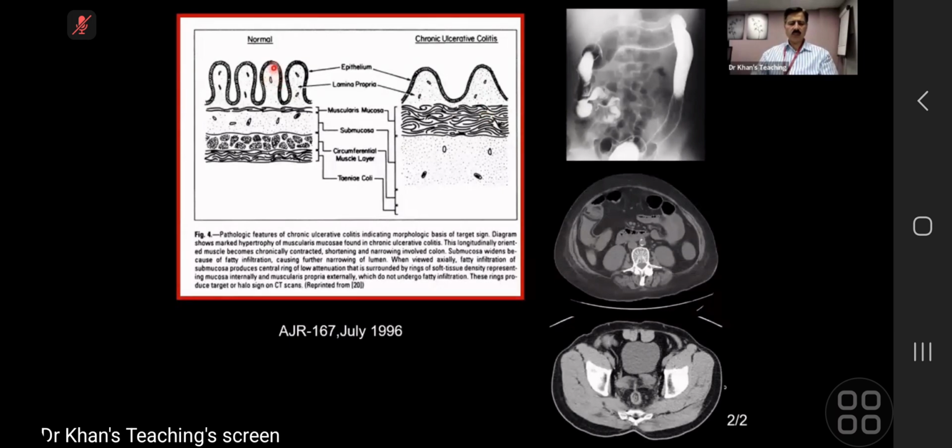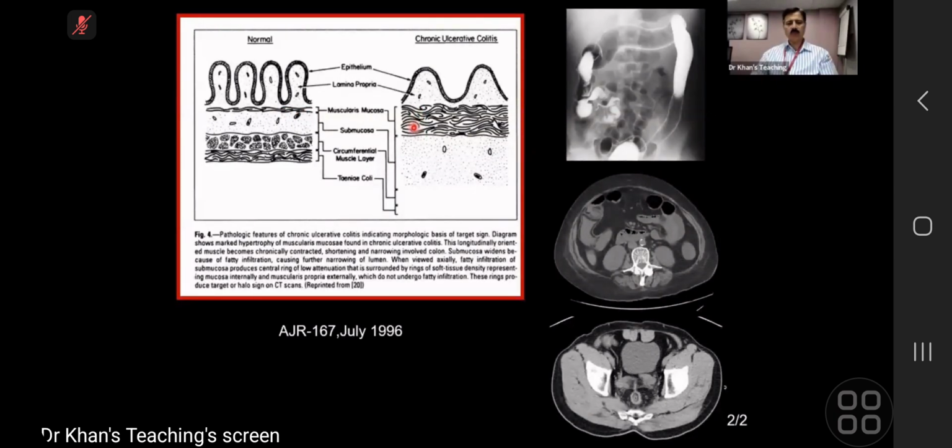This is normal: mucosa, under the mucosa is muscularis mucosa, then the submucosa, then the muscularis propria, and then of course the serosa. Now, what happens in ulcerative colitis? There is hypertrophy of the muscularis mucosa. If you see, this is it and how thickened it is.